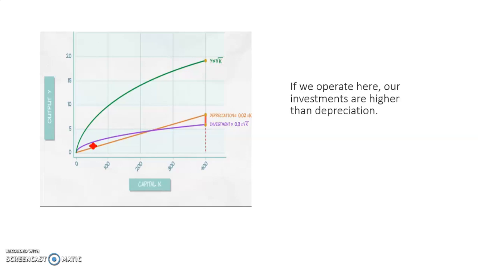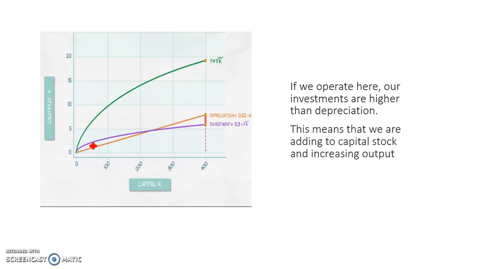If we operate here, our investment is higher than the depreciation. This means that we are adding to the capital stock and increasing output. The reason is that investment is a larger percentage than depreciation. It's 10 percentage points more than depreciation, so it's improving the stock of capital, and it's increasing the output as well.